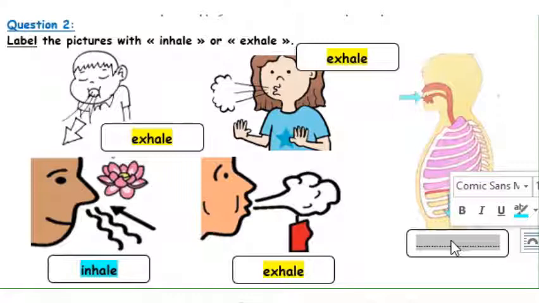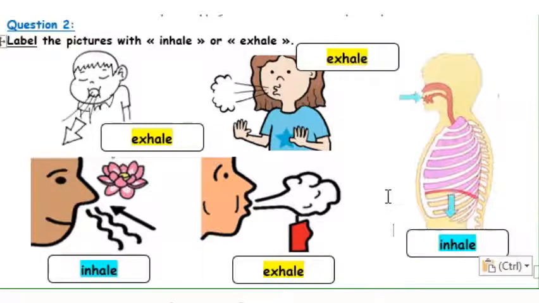This means that the boy is inhaling. Correct. Again, remember, inhale is to take a breath, to take the air in. When we breathe in, we inhale air. Breathing out, exhaling air.